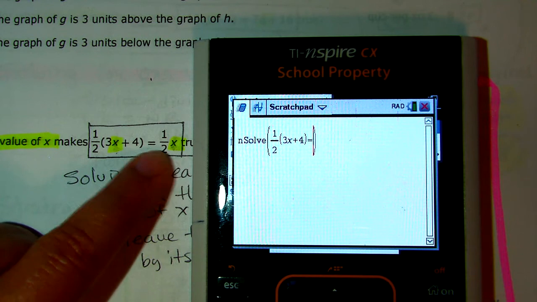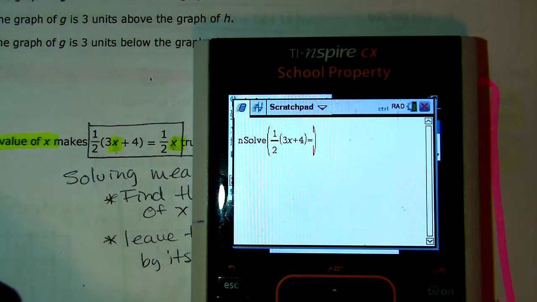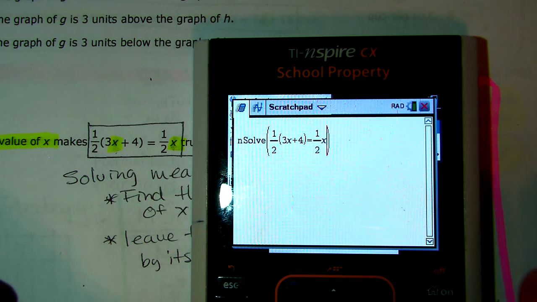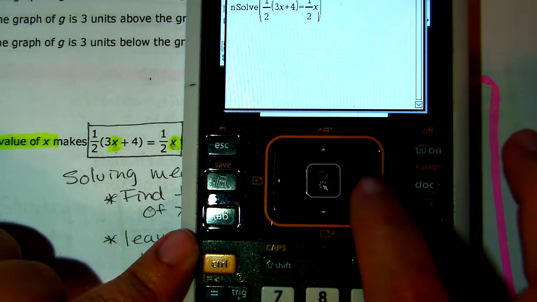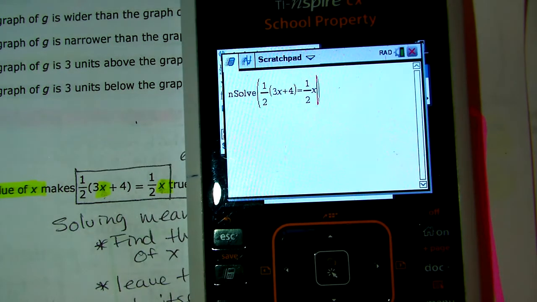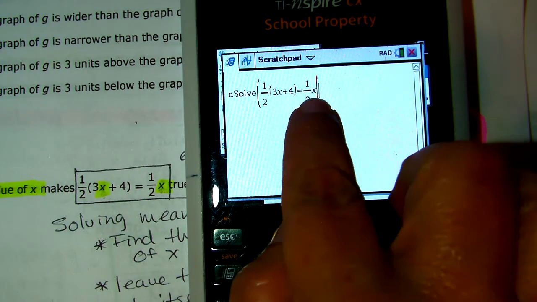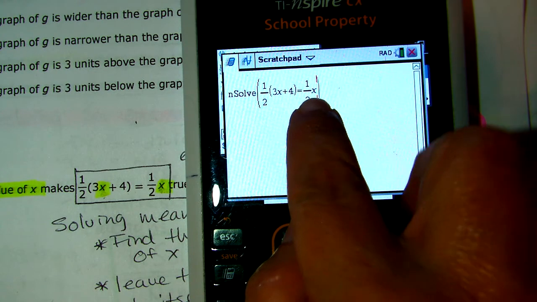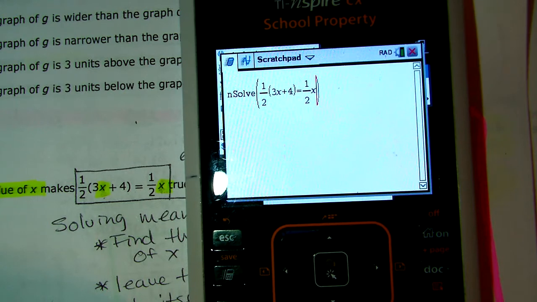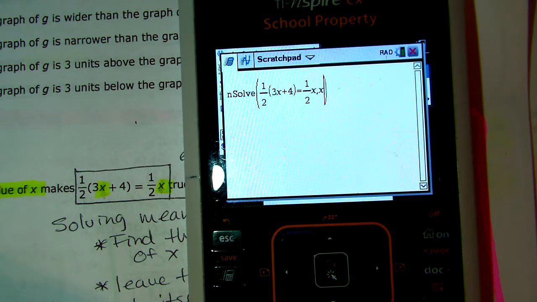And this equals control divide 1 over 2, and then move to the side and put the x. When I say move to the side, it means you press the arrow to the side. Before we press enter, and before you leave the parentheses of the answer, we finish typing the equation and put comma x.